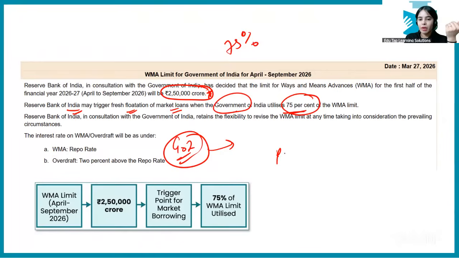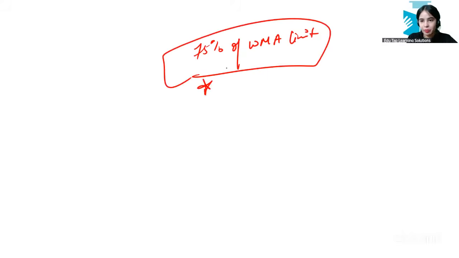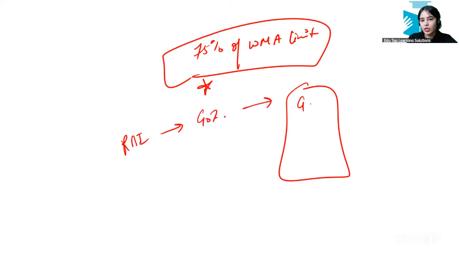So the Reserve Bank of India, on behalf of the government of India, issues new government securities so that the government can raise funds from the investors.